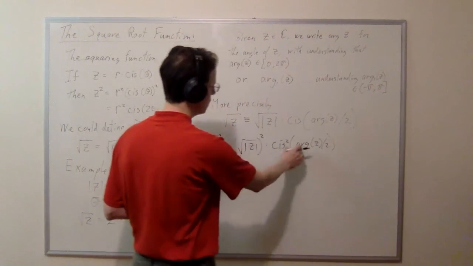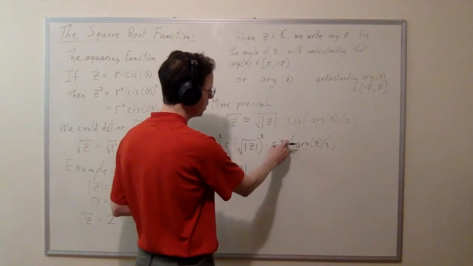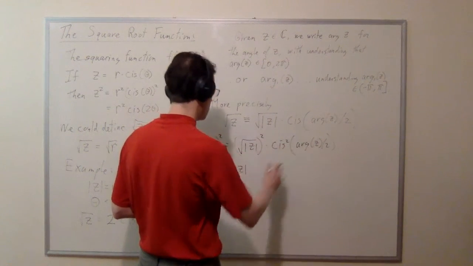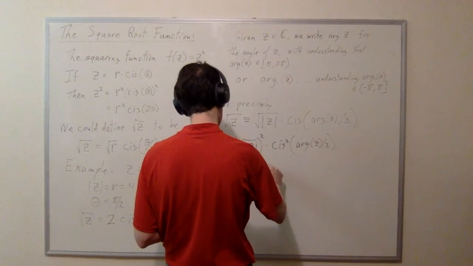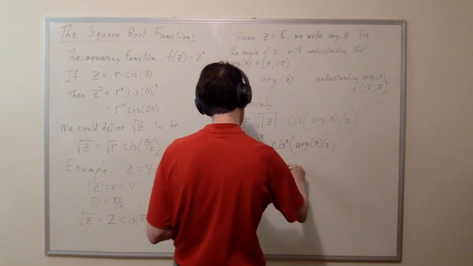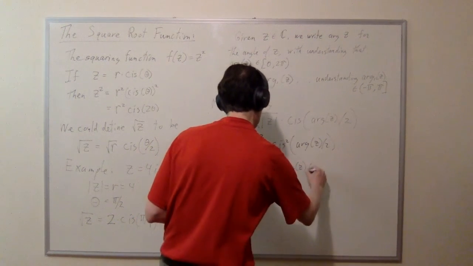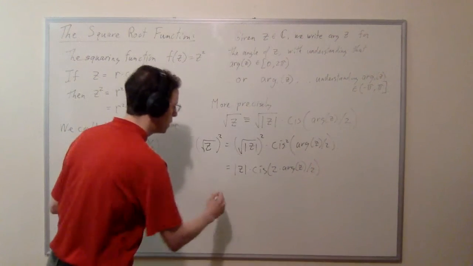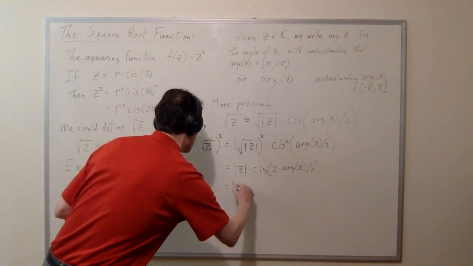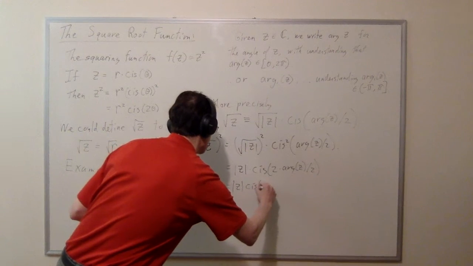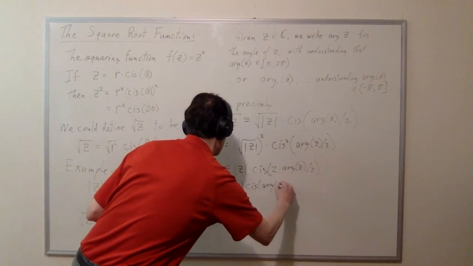Then here I have cis squared of something. Cis squared of something is cis of 2 times that thing by the properties of cis. So this is cis of 2 times the argument of z divided by 2, and then the 2's cancel, and we end up with modulus z cis arg z.